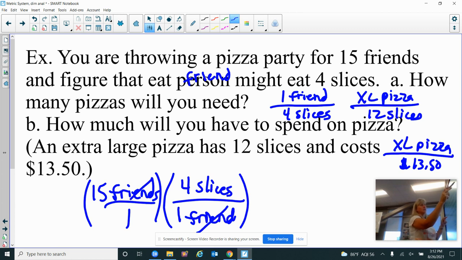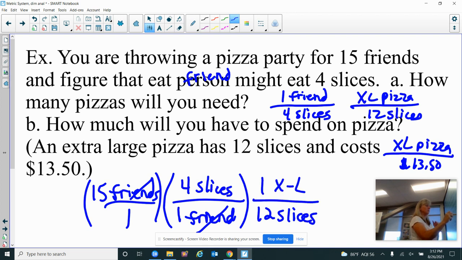So then I have a conversion of slices to pizza. Slices is on top, so slices has to go on the bottom in this one. So 12 slices is one extra large pizza. So now 15 times 4 on top divided by 12 on the bottom, I come up with 60 divided by 12, 5. So I need 5 extra large pizzas to answer part A.